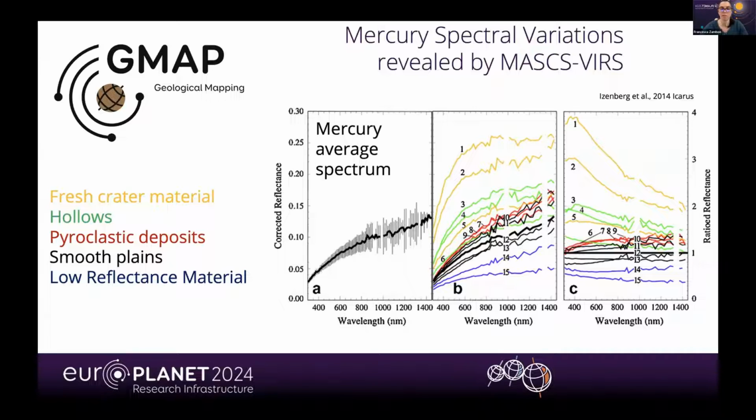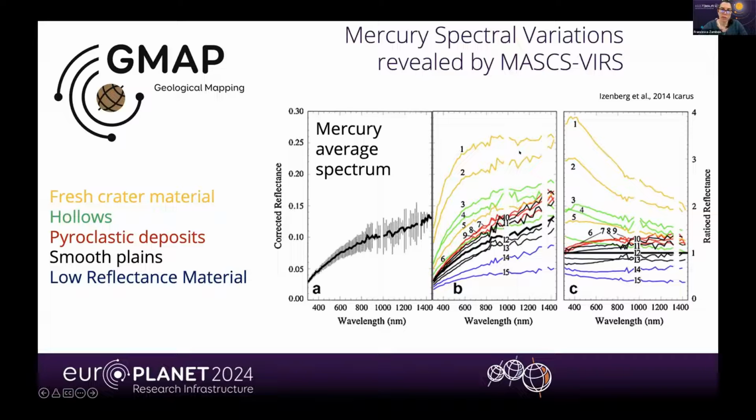You put together all the spectra and you see quite a flat and red spectrum. Then in panel B, you see the spectra representative of different kinds of terrain or features. For example, you have in yellow typical spectra of fresh material. You have hollows in green, pyroclastic deposits in red, smooth plains in black, and low reflectance material in blue.